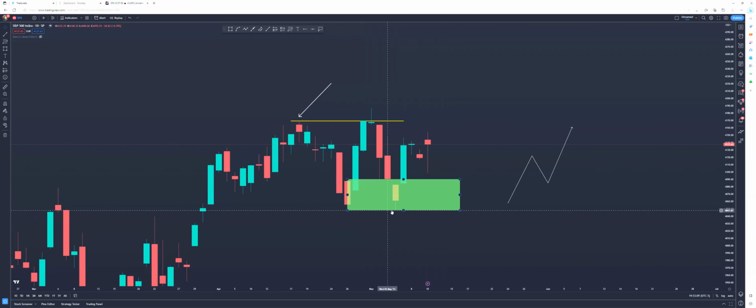Same thing, we're looking for a move up, pullback, and then we have a break of structure. So when we're looking at QQQ, at this high right here, we had our high, we had our pullback, and then we had a what? Is this high higher than this high?